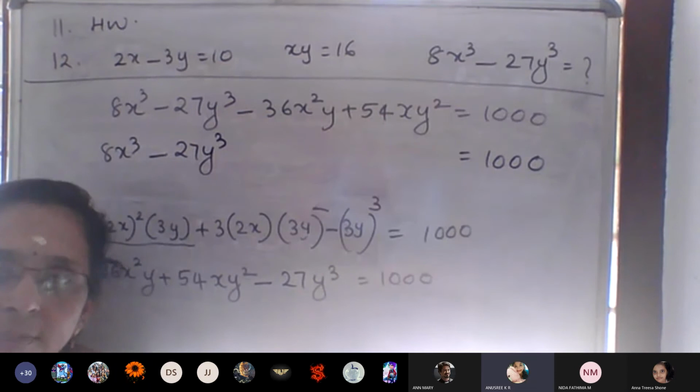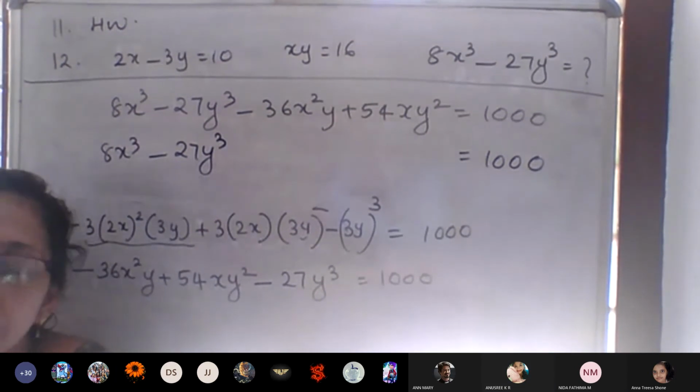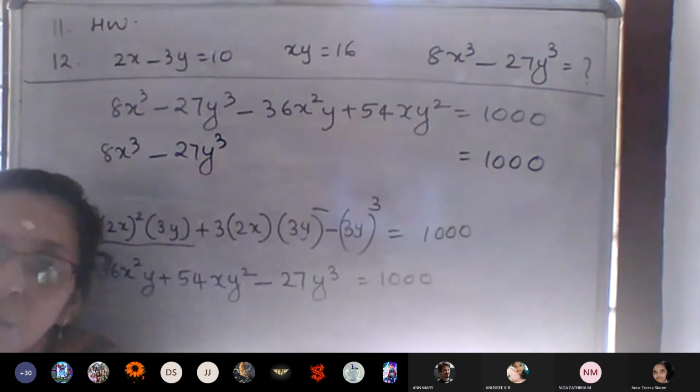If we take xy, what will happen to the remaining term, 54 into 16 square? What we started from, we can substitute.